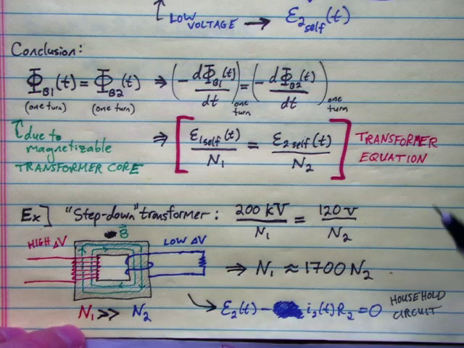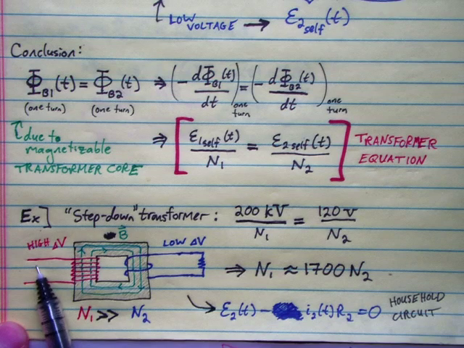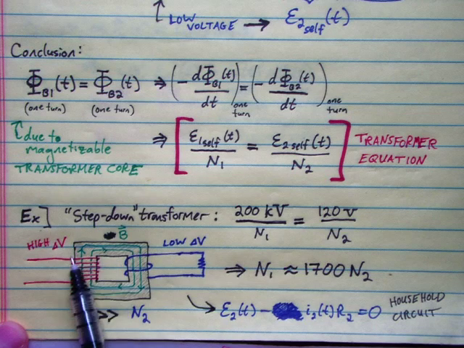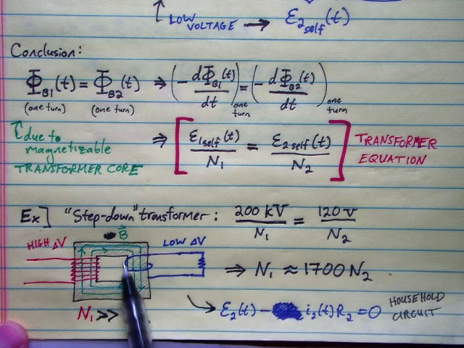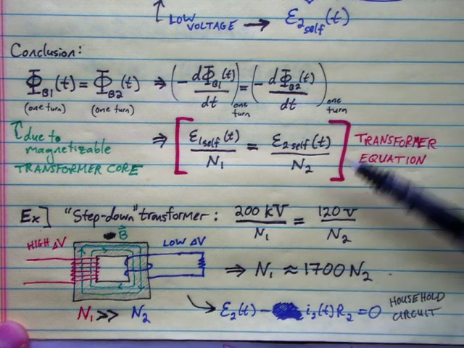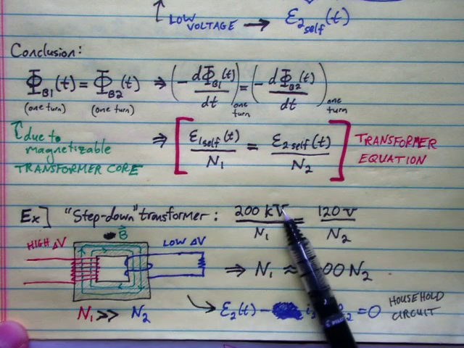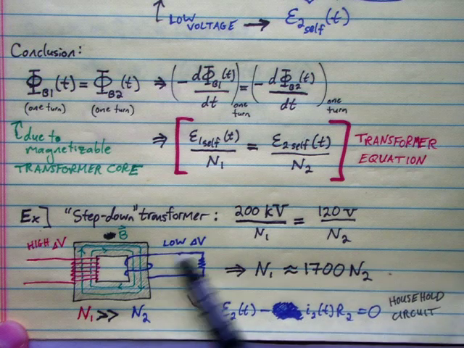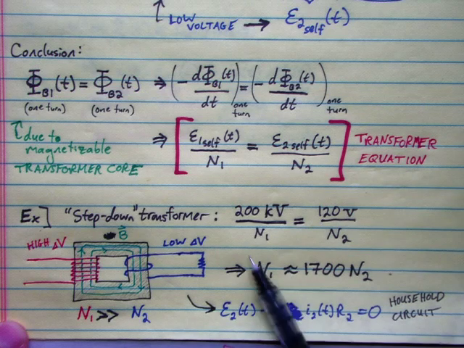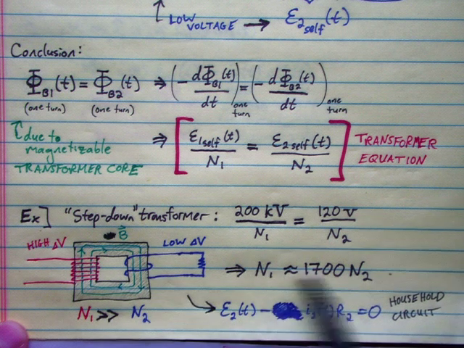Here's the application of that. In our example before, what we had there is what we call a step-down transformer, taking the high voltage coming from your transmission system and stepping that voltage down to a lower value on your consumer side over here. So applying our transformer equation, if we've got something like 200 kilovolts high voltage on this side and only 120 volts peak on the consumer side, then that can be accomplished if we have the turns in this ratio.